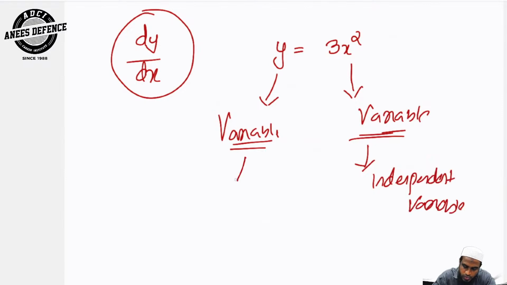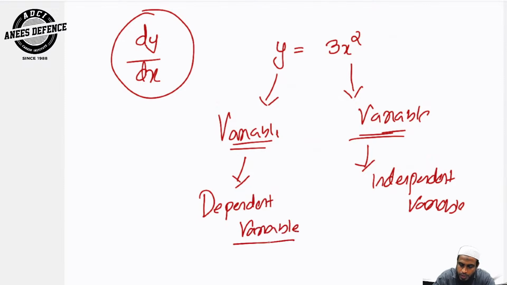And y, since it is depending on x, is known as the dependent variable. So that's the difference between independent and dependent variable. Both are variables, but one is independent and the other one is depending on this variable, hence the name dependent variable.